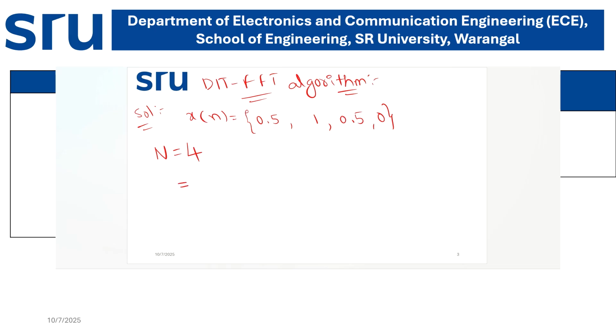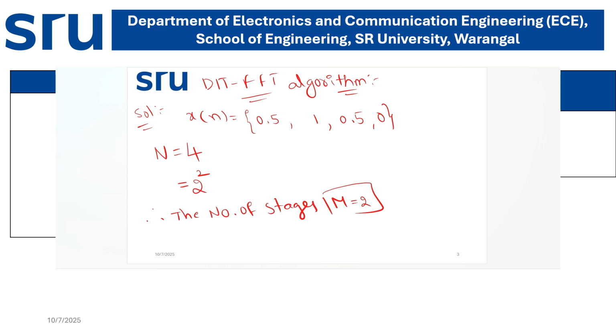Whenever you have 4, it can be written in terms of 2 power 2. Therefore, the number of stages capital M is equal to 2. For n is equal to 4, we have 2 stages.